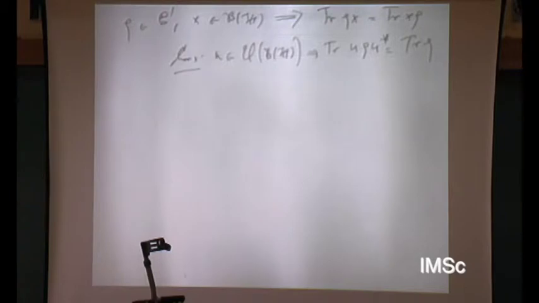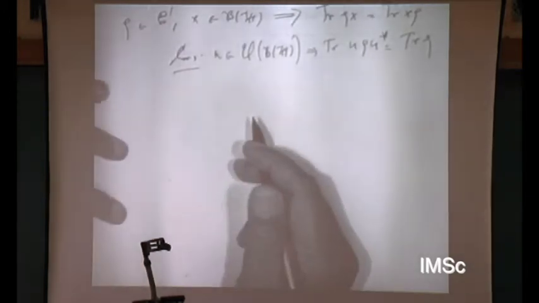So it is like translational invariance. It is invariance under all the automorphisms of that algebra.